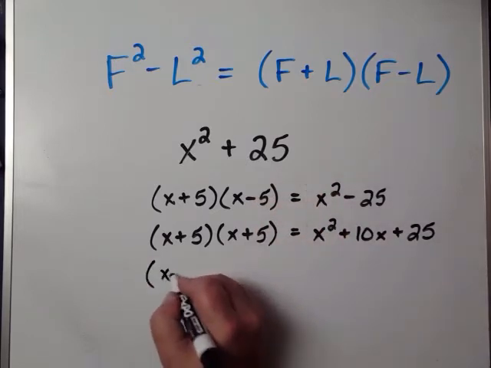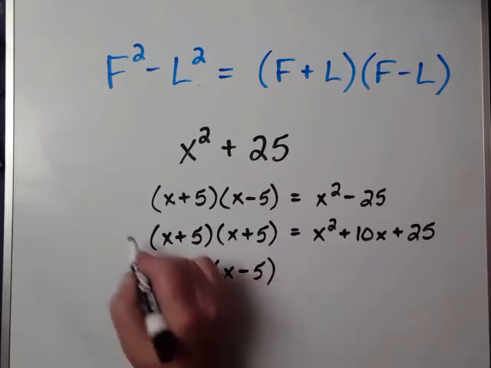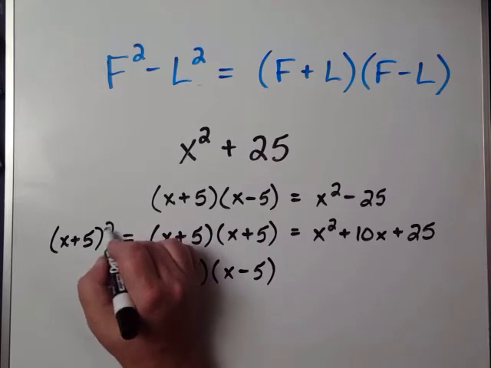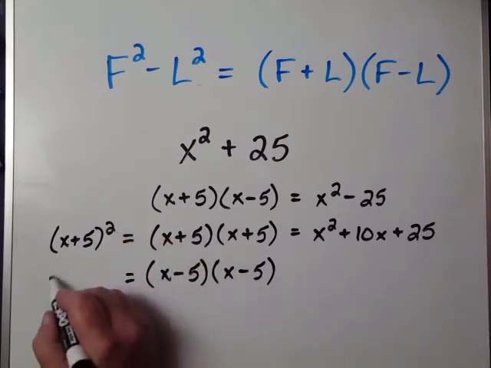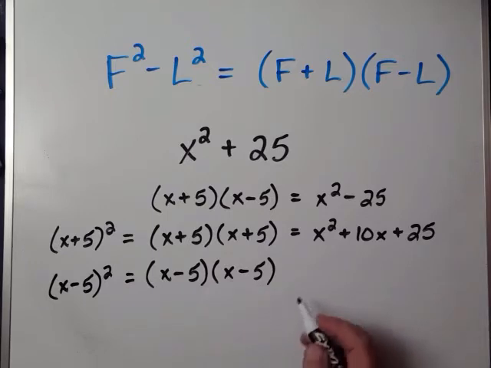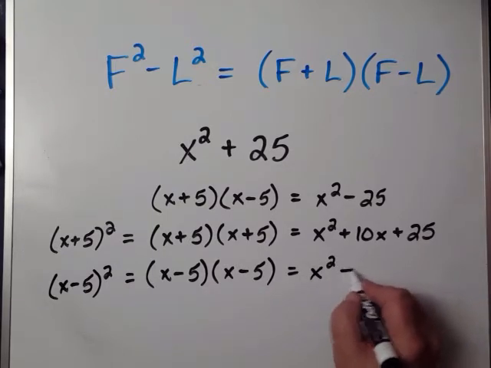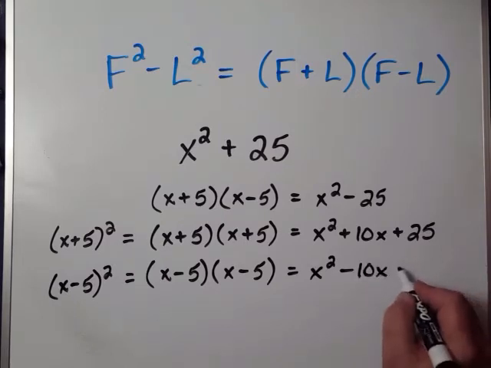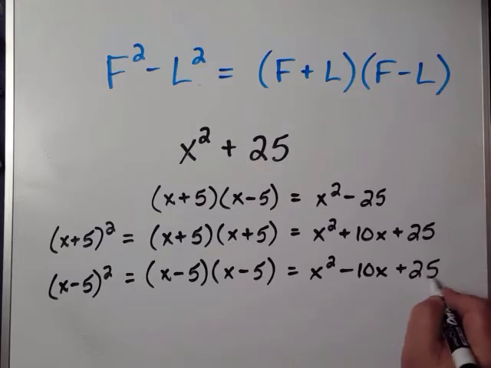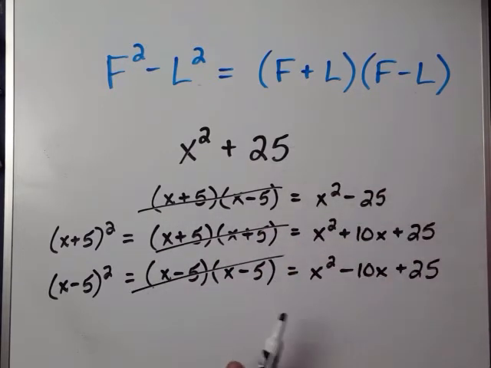If I were to make them both minus, which these two at the bottom you should recognize from our special products in section 4.6. These are squares of a binomial. If I FOIL out this bottom one, I end up with a minus 10x in the middle for my outside and inside once I combine like terms. So none of these are the way this factors.